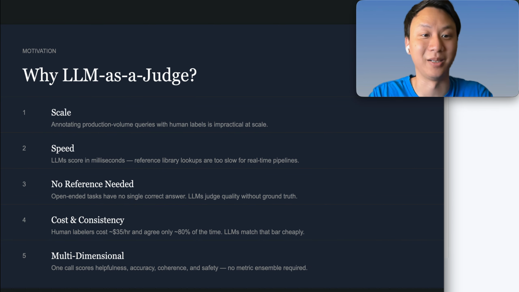You just ask the LLM, and it's a lot faster if you don't need to fetch the appropriate reference to do this scoring. We've been talking about reference this whole time, but when you just ask the LLM, hey, how good is this response, right? You don't need a reference. It will automatically answer how good it is in general.